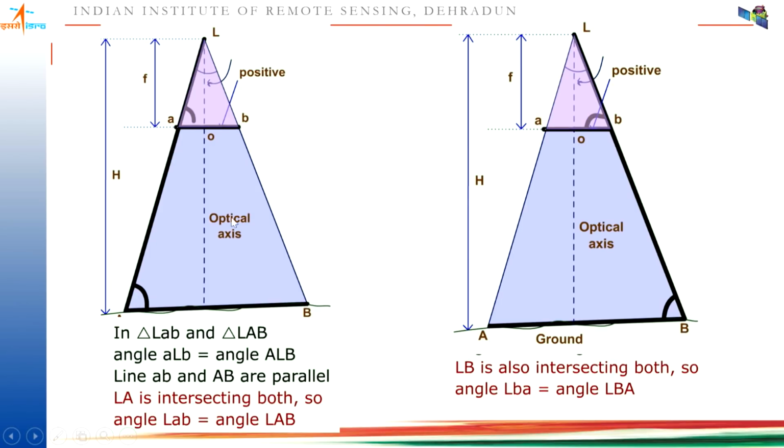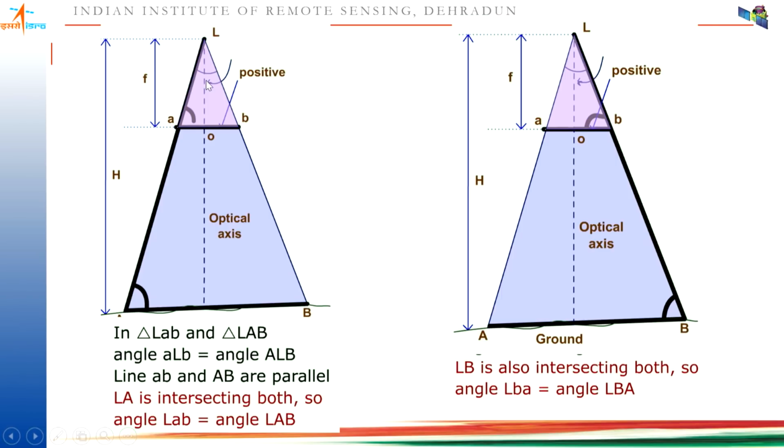Now how to do this? Now we can see we have to take two triangles here. Okay, in the triangle capital L, small a, small b, and capital L, capital A, capital B, these two triangles which are highlighted here. This angle is equal to this angle because two parallel lines are there and one straight line is intersecting. So this angle is equal to this angle. Similarly, the opposite angle is equal to this angle and the top angle is common.